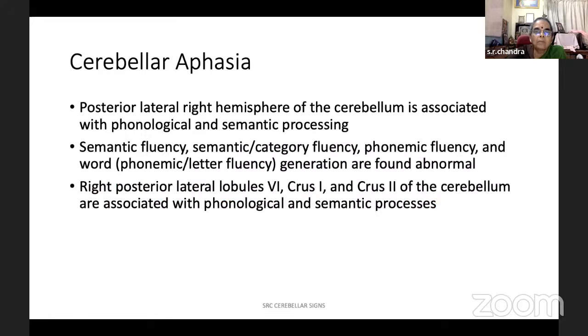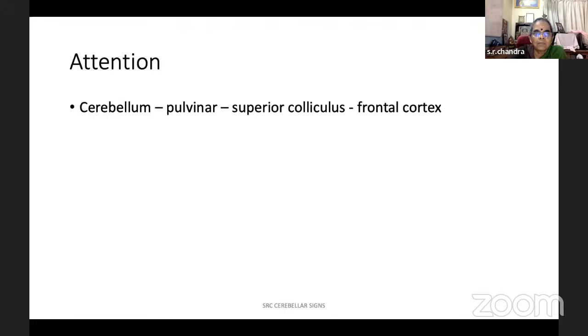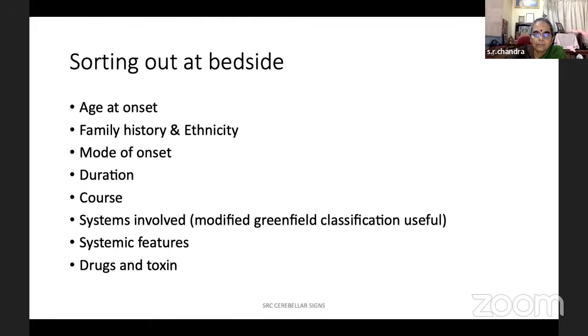Like I showed you a paper, face emotion recognition is there. So cerebellar aphasia, posterior hemisphere, fluency is affected, meaning, content, sound processing, all this becomes affected in posterior lobe of the cerebellum. And cerebellum and its connection to the frontal lobe reduces attention in cerebellar disease.